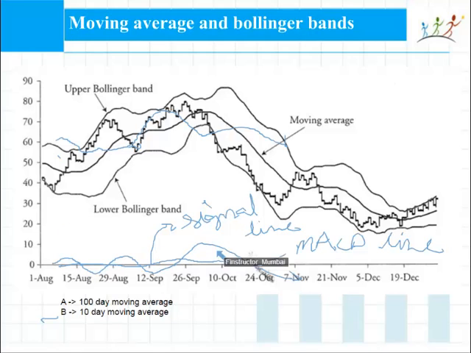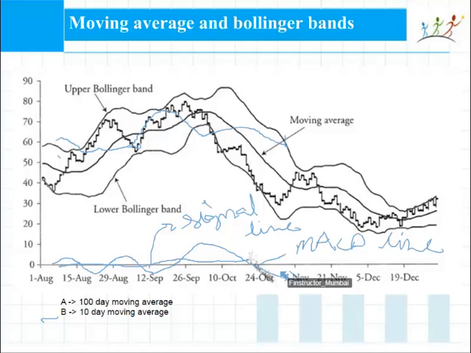So first construct the MACD line. MACD line is the difference between the short-term moving average and the long-term moving average. And there is another line called the signal line. The signal line is the moving average of the MACD line.